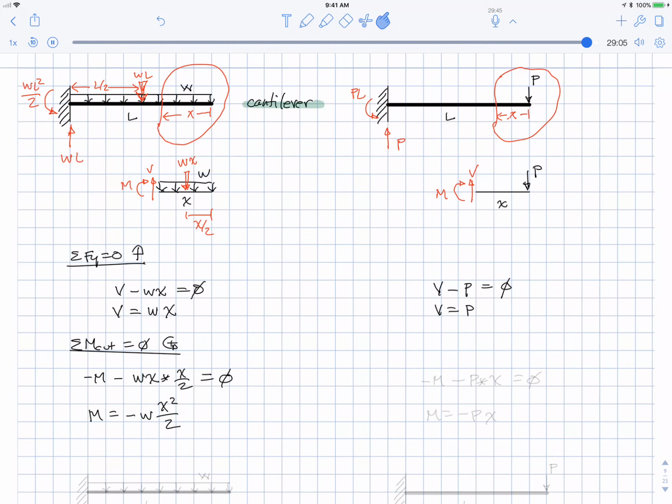On this side, we get minus M minus P times X equals 0, or M equals minus Px.